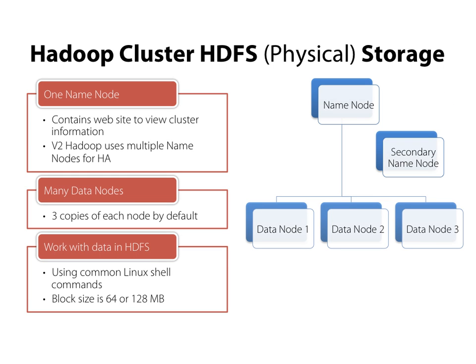So let's just take a little bit deeper look into the physical storage of HDFS. Because it's important for us to have some understanding of how our MapReduce jobs will run when we deploy them to an actual cluster. So each of these squares represents a physical machine, and on each machine there would be a Java virtual machine.